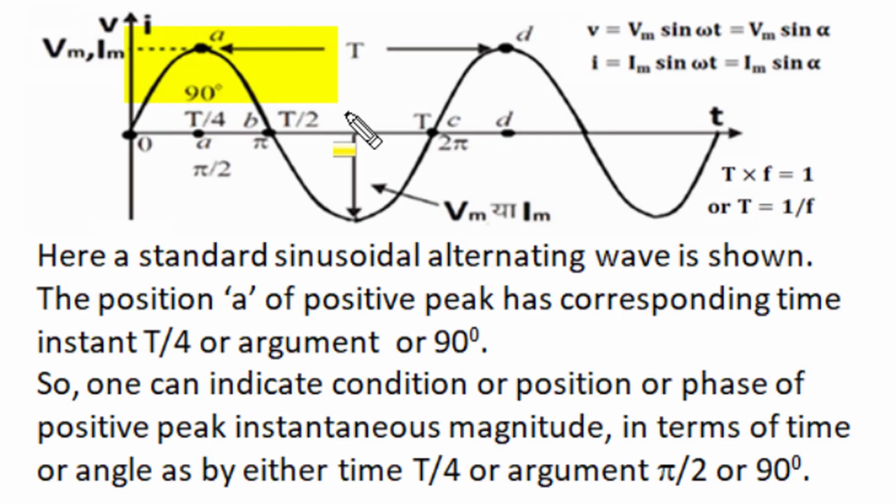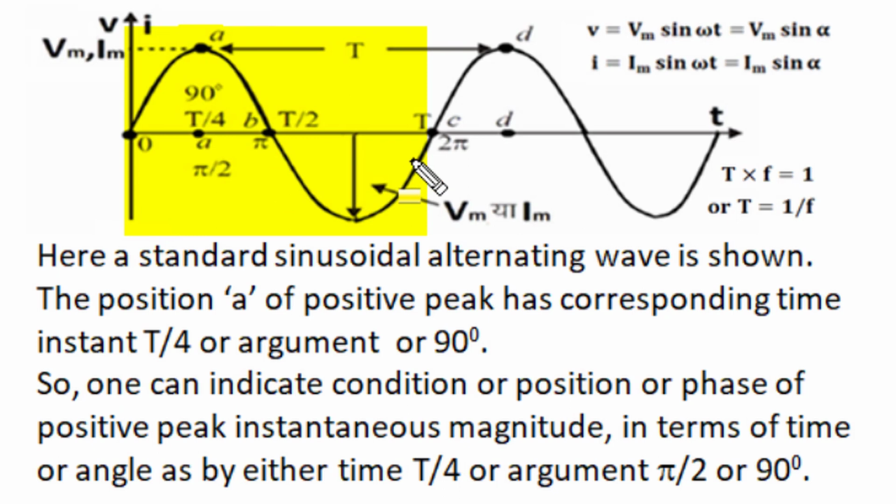Here in this standard sinusoidal alternating wave, which starts with 0 magnitude at time 0 and increases in positive direction, after a quarter cycle it attains the positive peak value, and this position of positive peak, position A, corresponds to 1/4 of the time period of the entire cycle, that is the instant of T by 4.